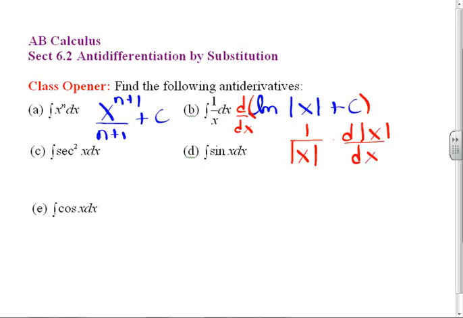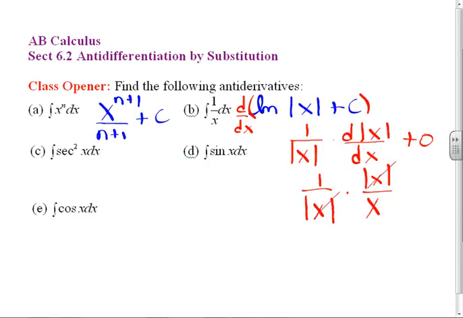You do not have to know the derivative of the absolute value, but I know what it is. And if you want to know what it is, it's the absolute value of x over x. And the derivative of c, of course, is just 0. What happens to the absolute values? They cancel, and I get 1 over x.